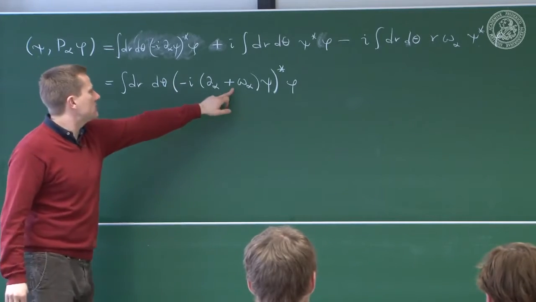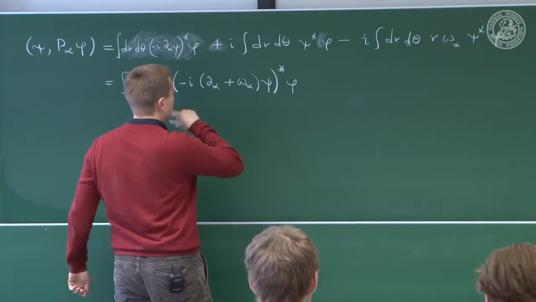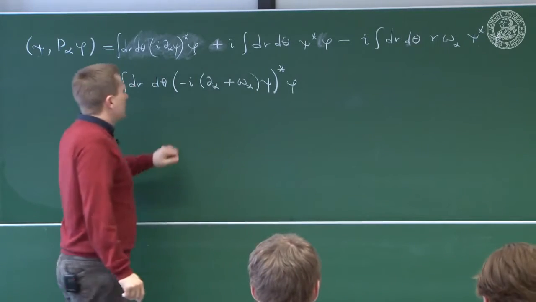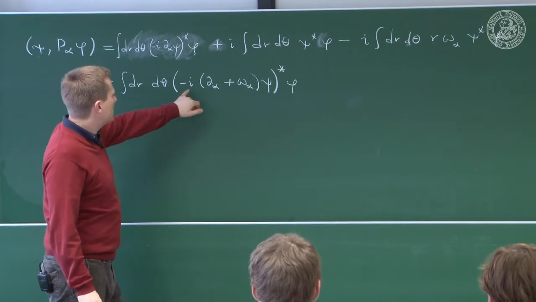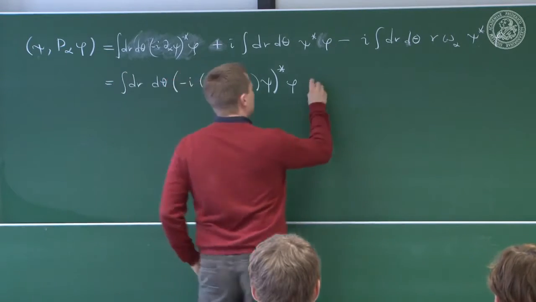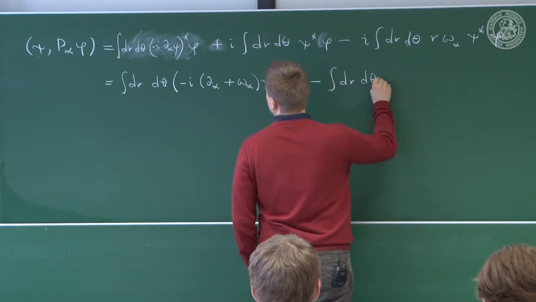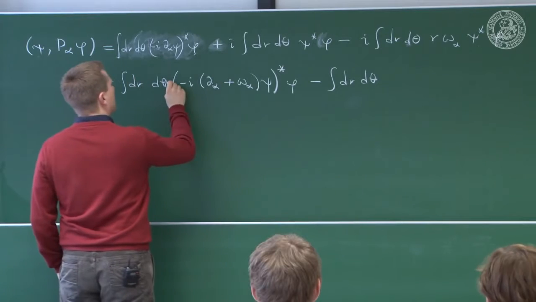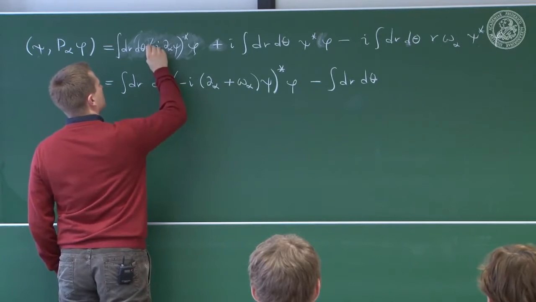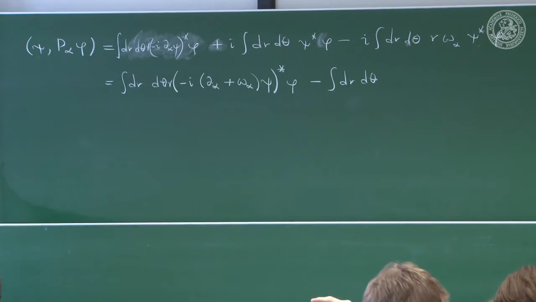But I now didn't write what is here, so I need to correct this. Now, what's the correction term? Okay, so what did we add? Okay, minus I, be careful. So dr d theta, I think there's another r here, no? There is an r here. Yeah, okay.